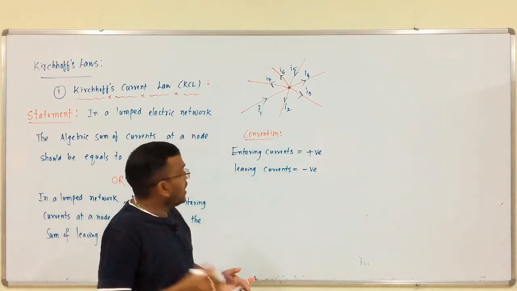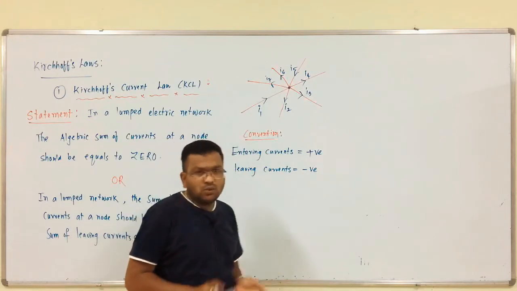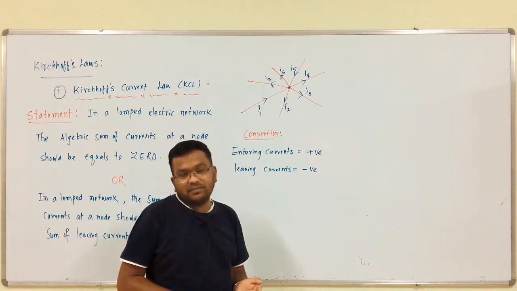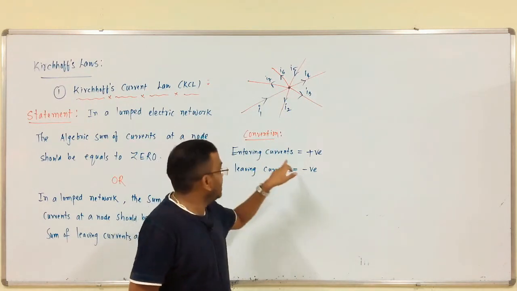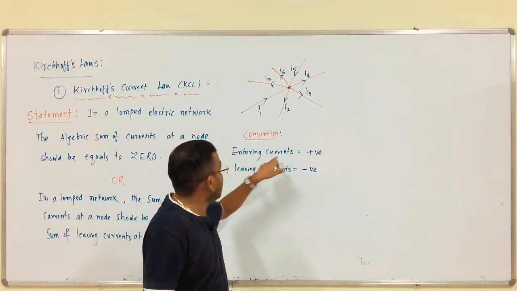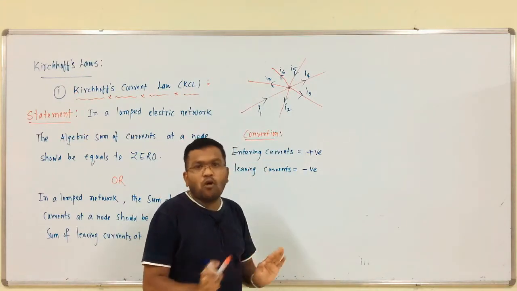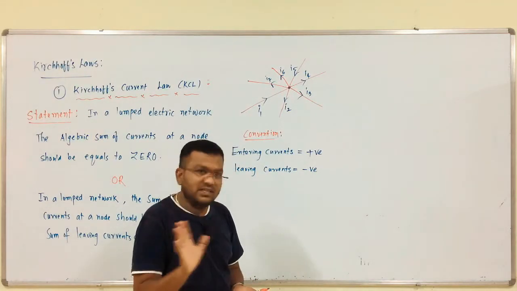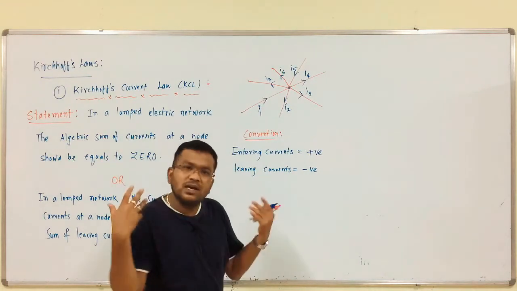Sir, what will happen if we consider entering currents as negative, leaving currents as positive? No problem. So, this is my convention. You can take whichever convention you want. For example, if you consider entering current as negative and leaving current as positive, no problem at all, but you should follow a proper convention. In any case, the sum of entering currents at a node is equal to the sum of leaving currents.